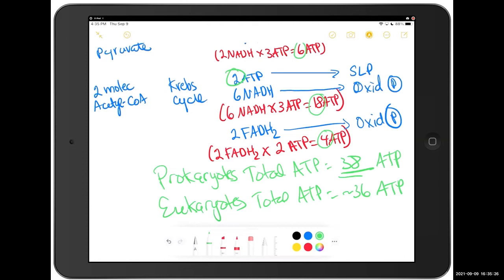What do you think? Why? Did I make a mistake in my calculations? Initially I did, but no. Why are prokaryotes able to generate more ATP than eukaryotes?